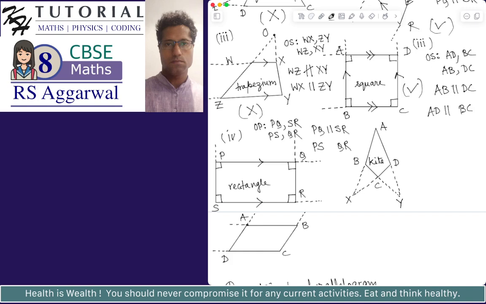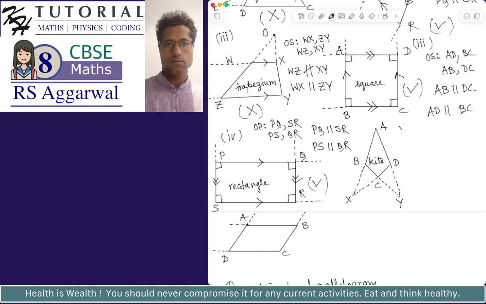So PS is parallel to QR. Both pairs of opposite sides are parallel in this figure, so definitely this is a parallelogram.